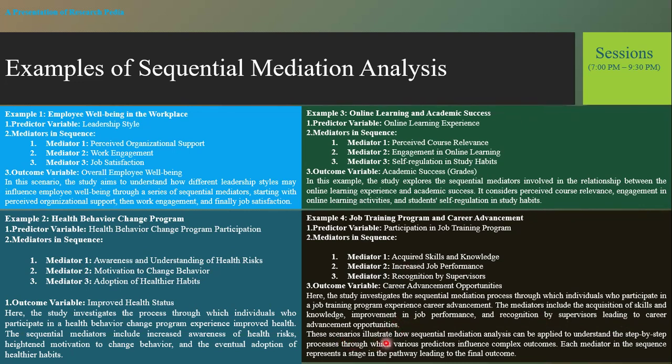These scenarios illustrate how sequential mediation analysis can be applied to understand the step-by-step process through which various predictors influence complex outcomes. So each mediator in this sequence represents a stage in the pathway leading to the final outcome. So I think that you have understood thoroughly how the serial or sequential mediation works.